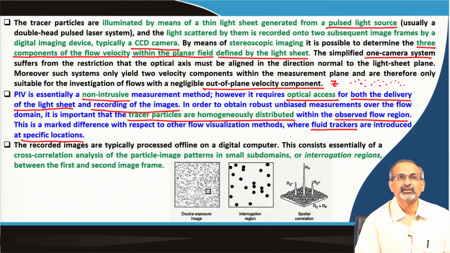But here, on the contrary, you are homogeneously seeding the flow field with particles. That means you don't have a preferential region or a preferential point through which the tracer has to be introduced into the flow field.